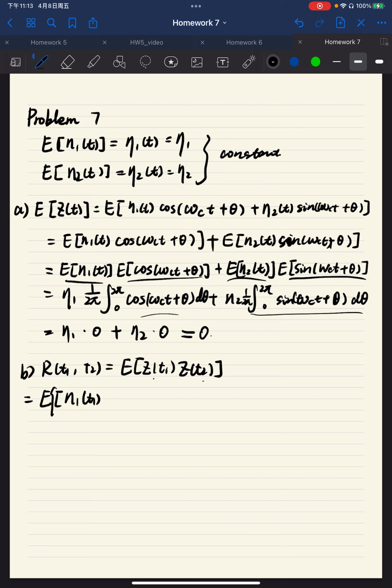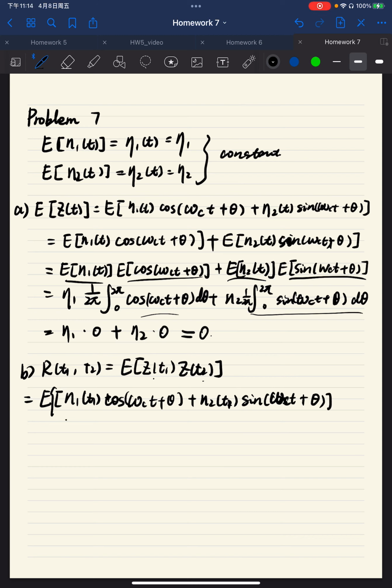which will become N1(t1) times cosine of omega c t1 plus theta, plus N2(t1) times sine of omega c t1 plus theta.